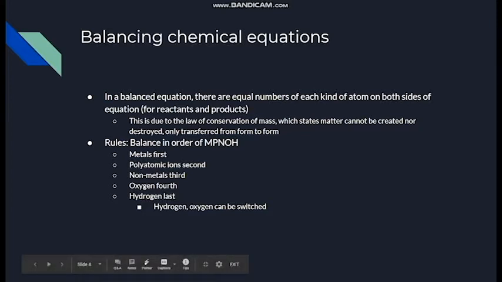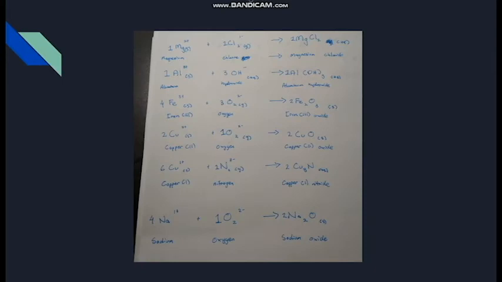And one more important thing to realize when we're balancing equations is that most of the time they're done in full whole numbers, like 1, 2, 3, that sort of thing.